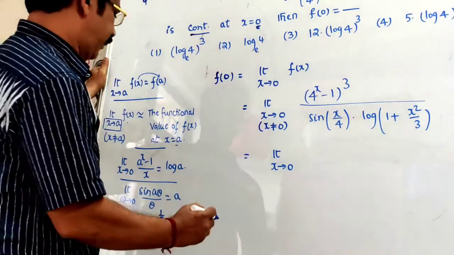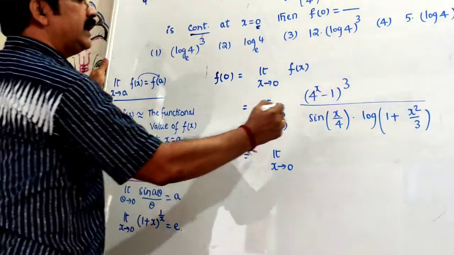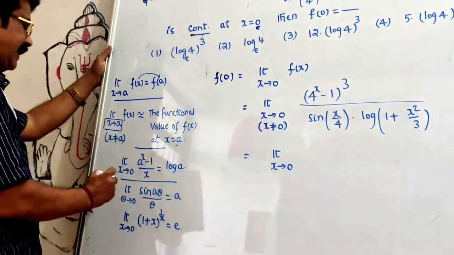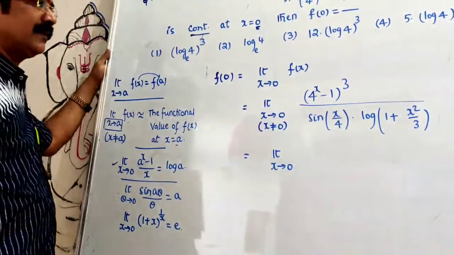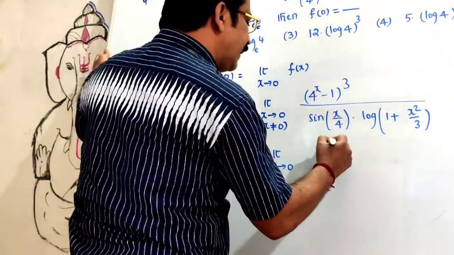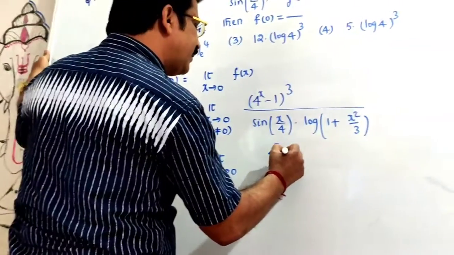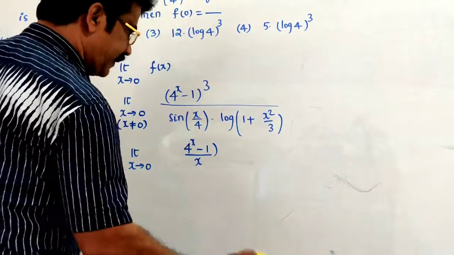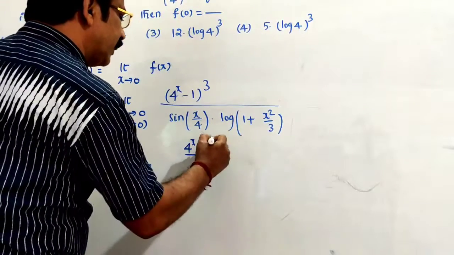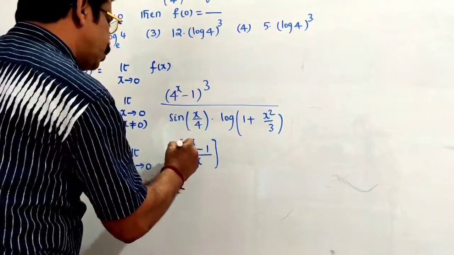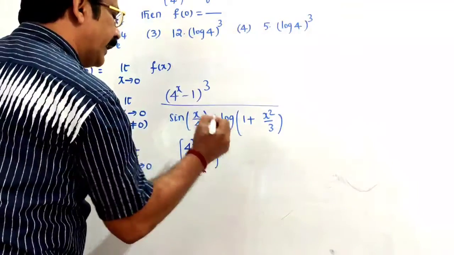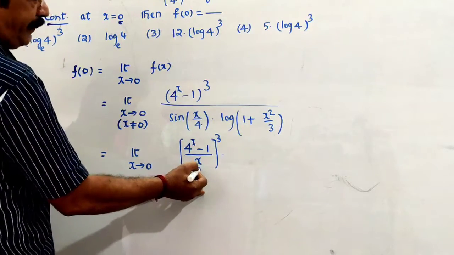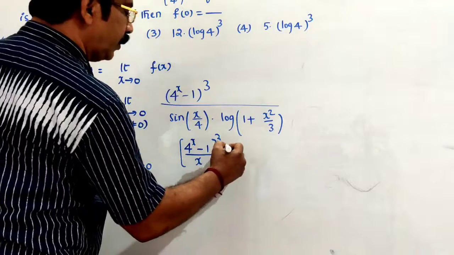So therefore, in the numerator we are trying to get this form, for which it is (4 to the power of x minus 1) divided by x, first write like that, minus 1. So whole cubed into, means it is a division by x cubed.